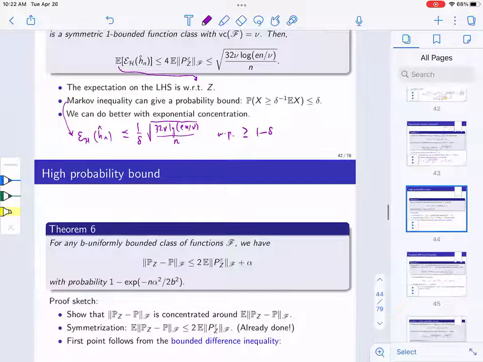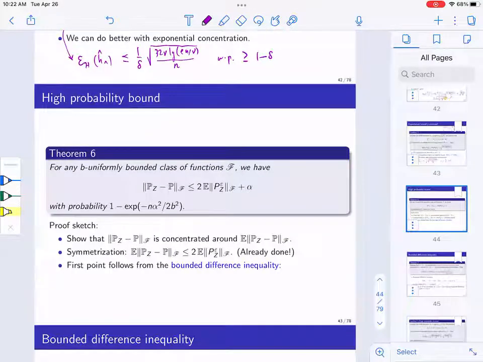Okay, so how do we turn it into a high probability bound with proper dependence on delta? This is the concentration result that we're going to use. For any uniformly bounded class of functions f, we have this concentration. We're saying PZ minus PF is bounded by the expectation of this guy plus alpha.